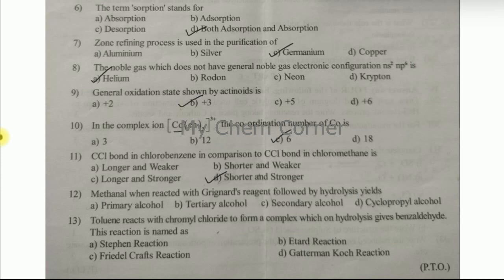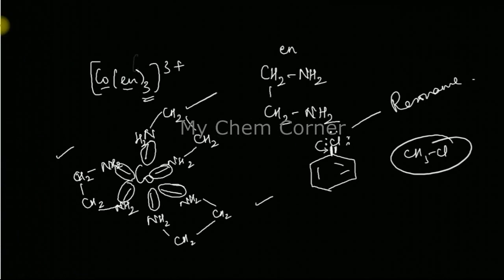Then the 12th question. Methanal when reacted with Grignard's reagent followed by hydrolysis yields: primary alcohol, tertiary alcohol, secondary alcohol, or cyclopropyl alcohol. Let's try to do the reaction here. Methanal is H, C double bond O, H, which is an aldehyde group, reacted with Grignard's reagent.